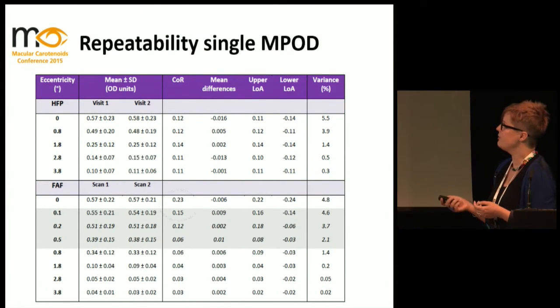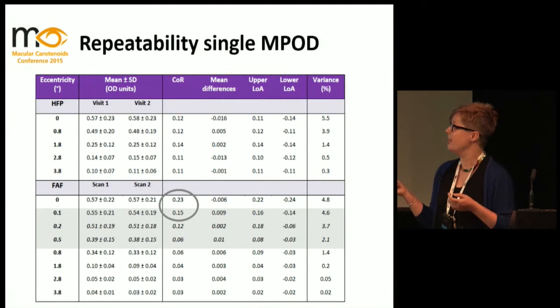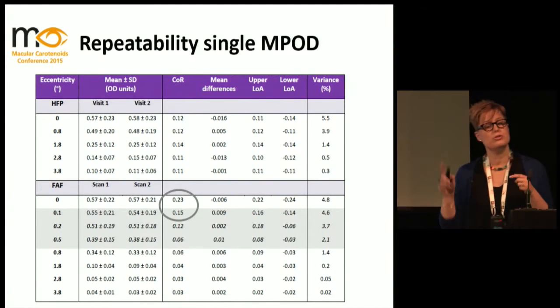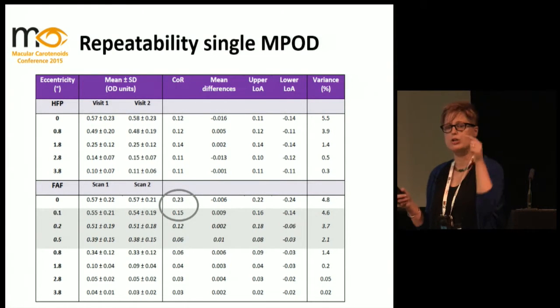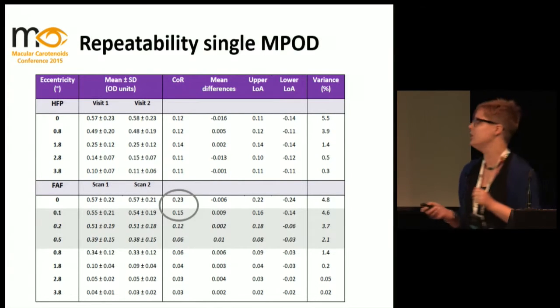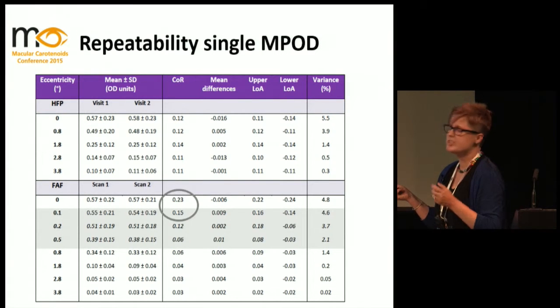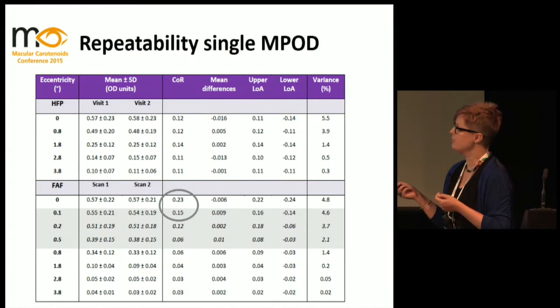However, when we look at FAV, we found that at 0, the coefficient of repeatability was quite unacceptably high. So we decided to ignore those points and look for the next eccentricity that could replace it for central measurements of macular pigment. We decided to include 0.1, where the coefficient of repeatability is still a little bit high, but we felt it was acceptable to use.